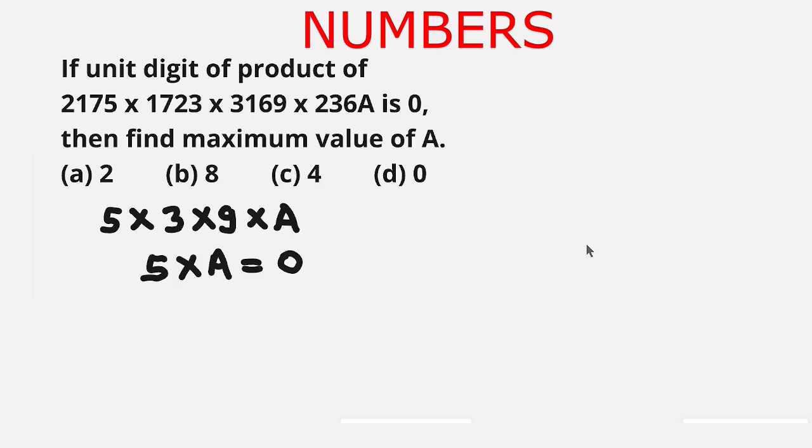So a can be 2, 4, 6, or 8. Also a can be 0 to get the ones place or unit digit 0.